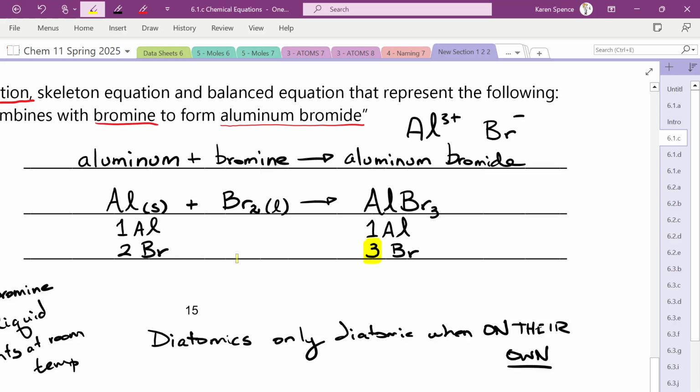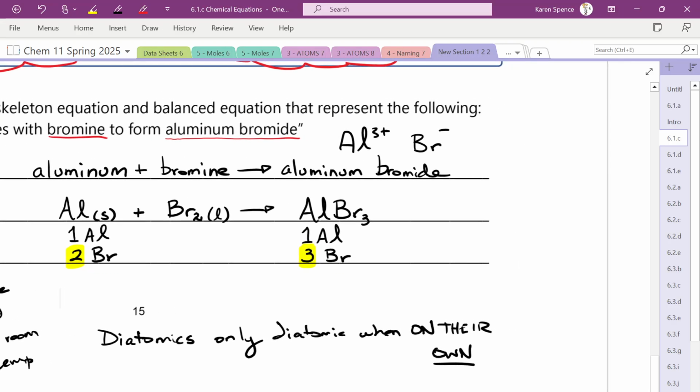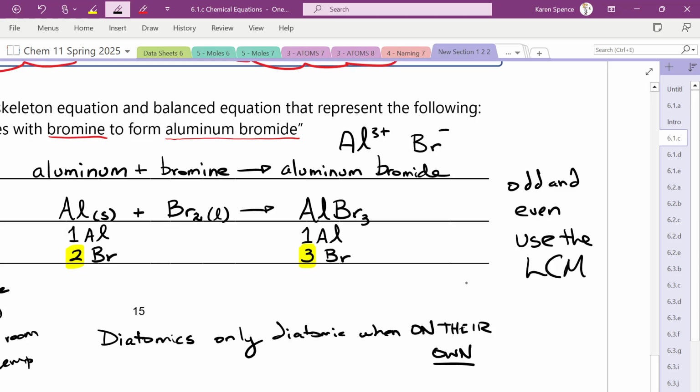You are not required to do this, but if you like it, you can. Now, do you see that we have a 3 and a 2? Odd and even. If you have odd and even, use the lowest common multiple.